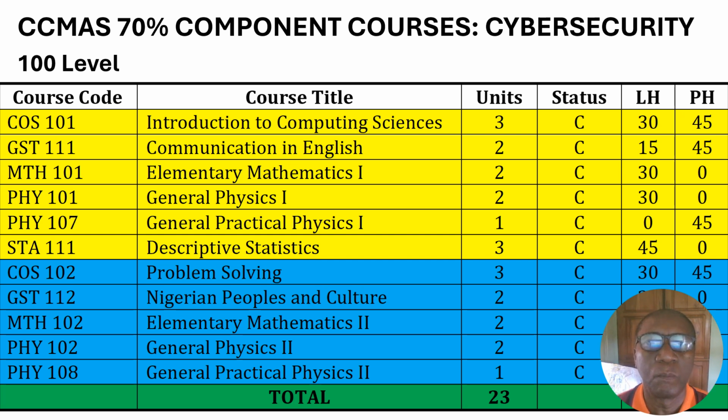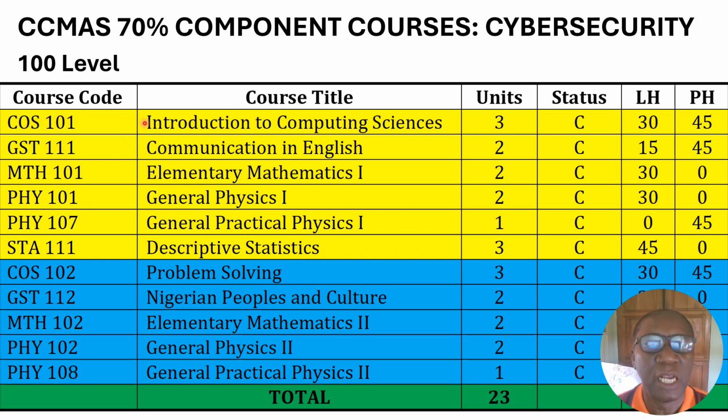Now, when you do that, for the case of cybersecurity, you will have something like this. Now, this is the CCMAS 70% component courses for cybersecurity. Those of us who have the 70%, you discover that this is not the way it was arranged by NUC, but we have rearranged them. So how did we do that?